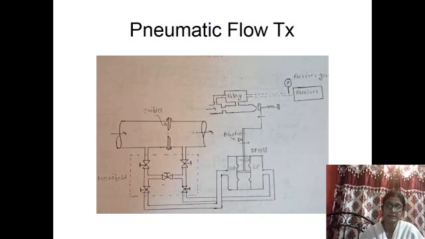In order to maintain the upstream and downstream pressure equal, just open the equalizer so that the high pressure and low pressure are balanced. During measurement, this should be closed, and all these 4 valves should remain open for the entire time. This is called a manifold, a single unit of 5 valves.